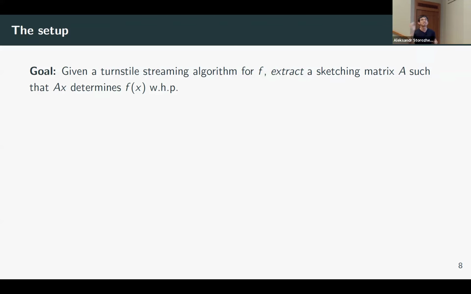But intuitively, the nonlinear part should not be really helpful, because for turnstile streams, it's possible that we insert something at the beginning and do a bunch of things in the middle, and then subtract whatever we inserted at the beginning exactly. So the algorithm somehow needs to realize that we need to cancel these two, the insertion and deletion. And maybe we are adding a random vector, positive or negative, and then we add another random vector, and repeat many times, and there's a lot of cancellation going on.